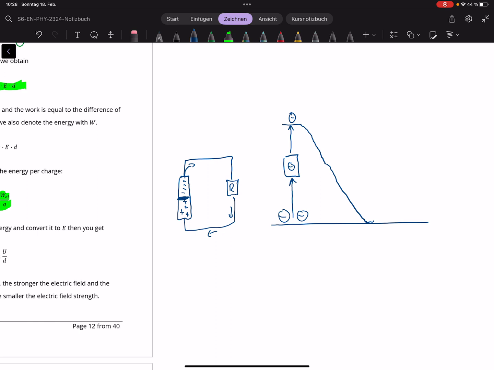We know the higher the slide is, the faster the electrons will be when they reach the ground, meaning there's more energy. They can, for example, leave it in this resistance, or if we put a lamp here, then the energy is given to that lamp.